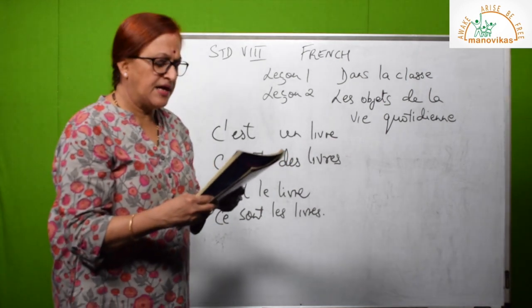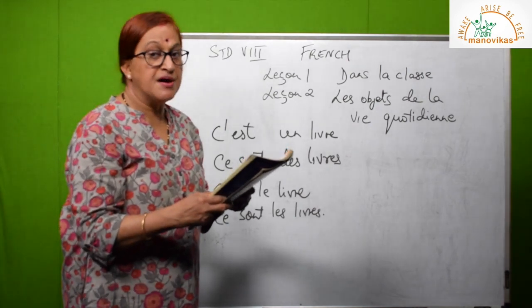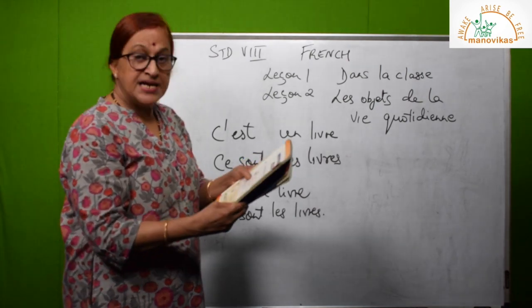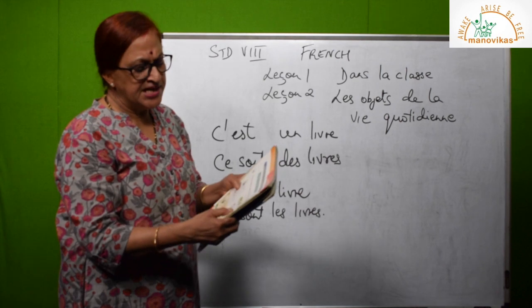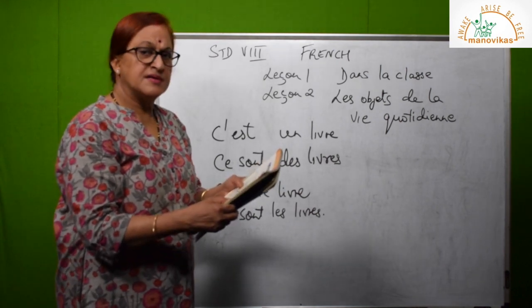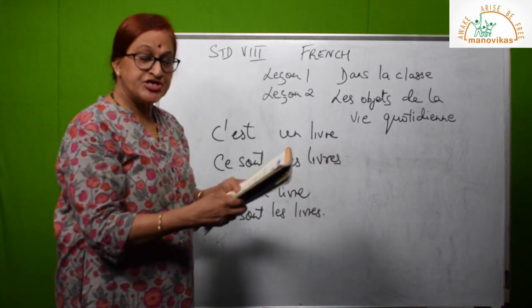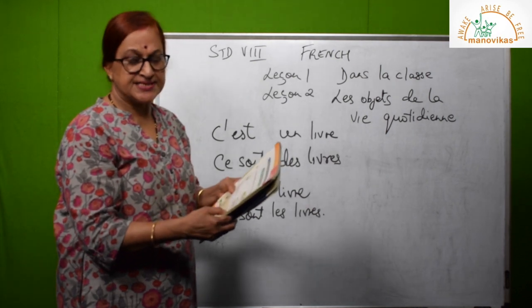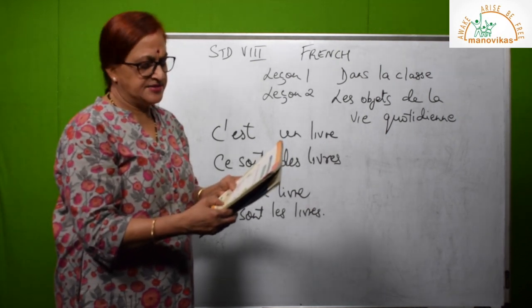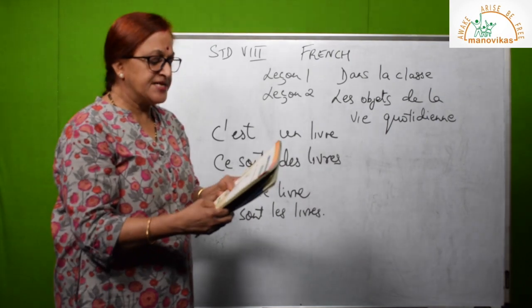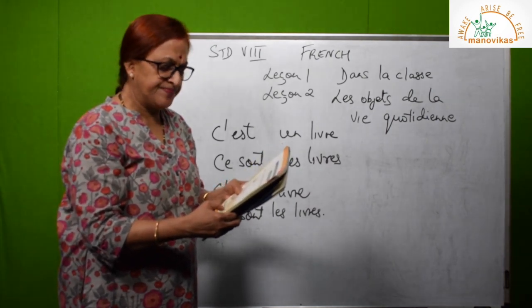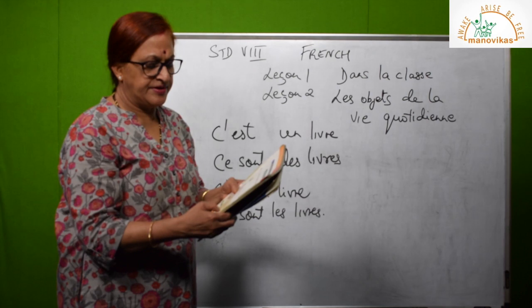Indefinite articles have already been taught to you. Un, une and des. So, un livre, des livres. A book, some books. Une chaise, des chaises. A chair, some chairs. So repeat after me. Un livre, des livres.